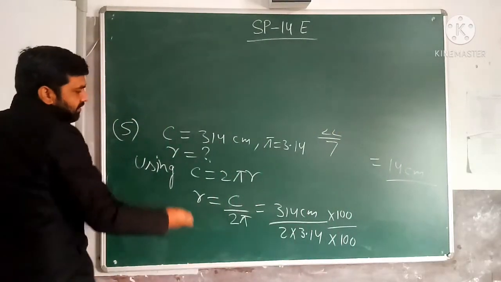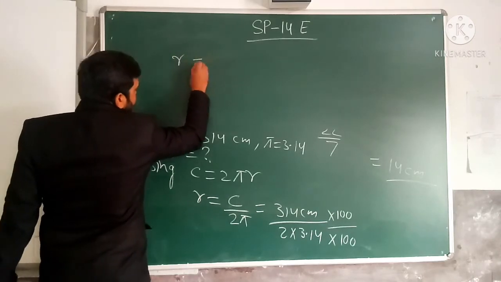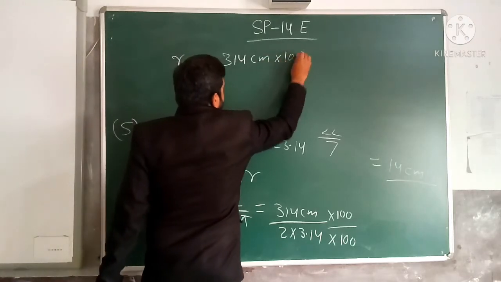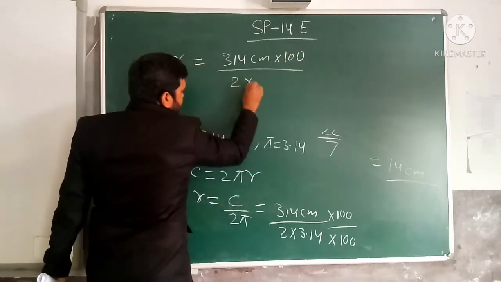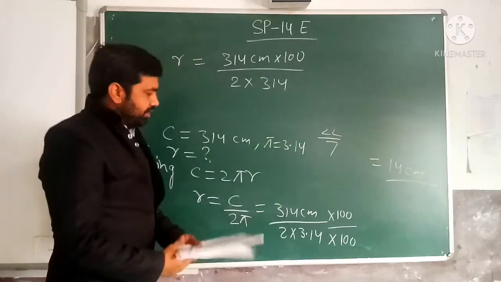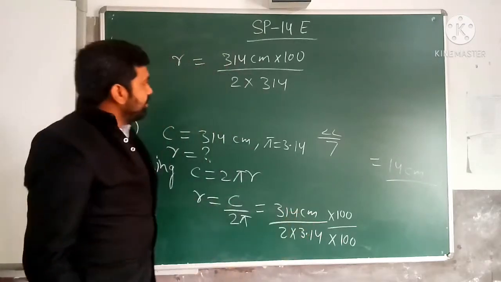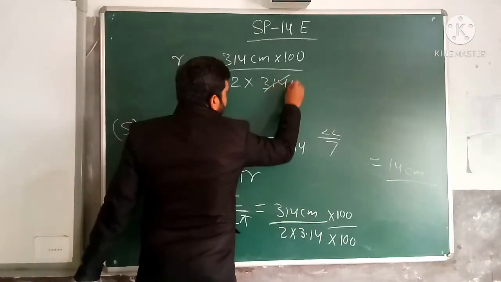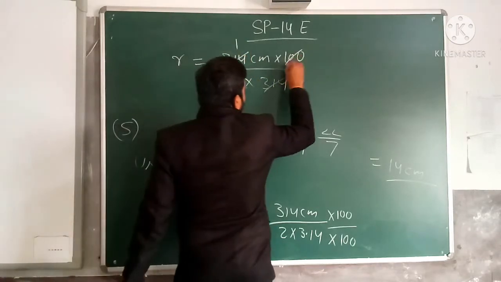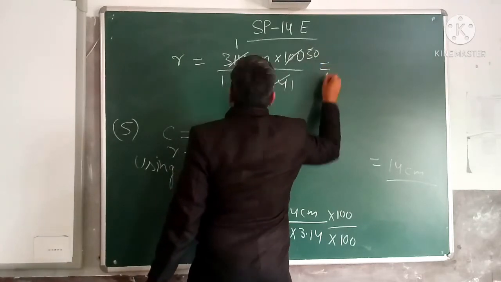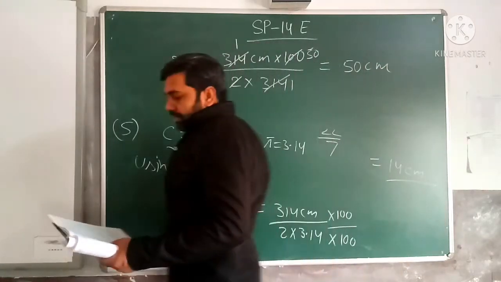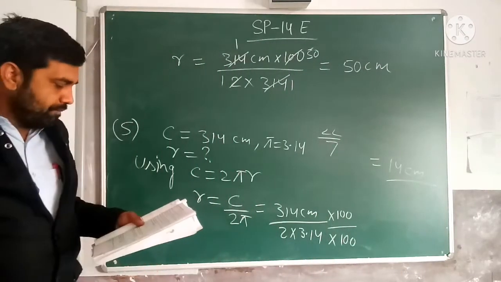So we got radius equals 314 centimeter multiplied by 100 divided by 2 into 314. When I multiply 3.14 by 100, the decimal shifts and the number becomes 314. Now 314 cancels with 314 one time. Now 2 cancels into 100, 2 fifties are 100. So we got the radius 50 centimeter. So we got the radius of the circle as 50 centimeter in this case. Okay.